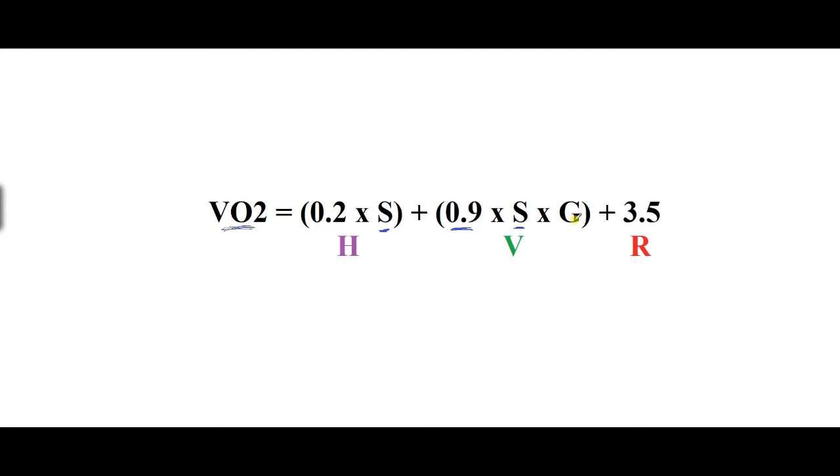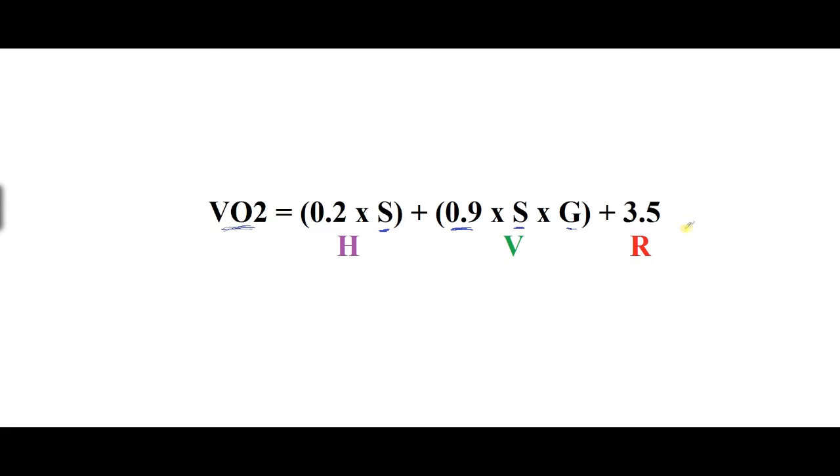And then the G is representative of the actual gradation, so the amount of incline, for example, that you would put on your treadmill. Then this R here is 3.5, supposed to represent the 3.5 milliliters that we use during rest.